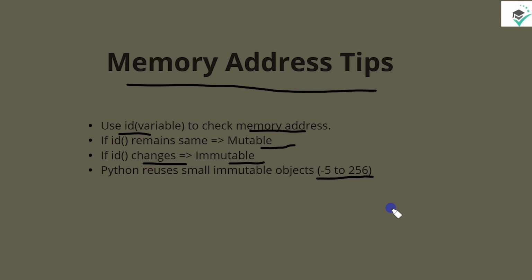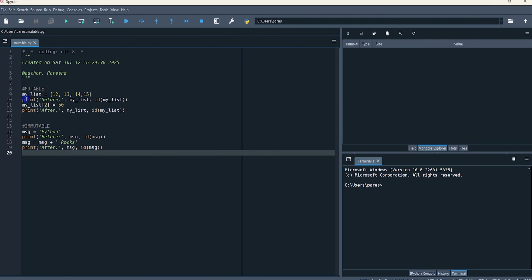Let us jump into the program demo and understand its actual output. Here we have written code for both the mutable and immutable examples. In mutable, I have created a list with a few values, say 12, 13, 14, 15. I'm going to print the list before editing. Then I'm changing the value at index position 2, which is 0, 1 and 2.